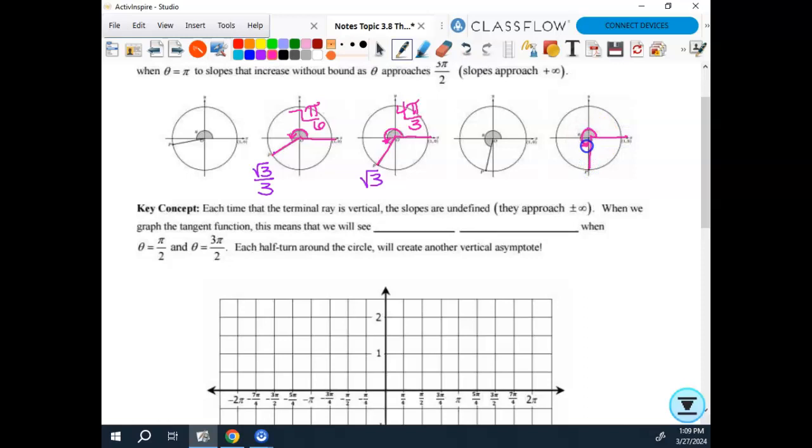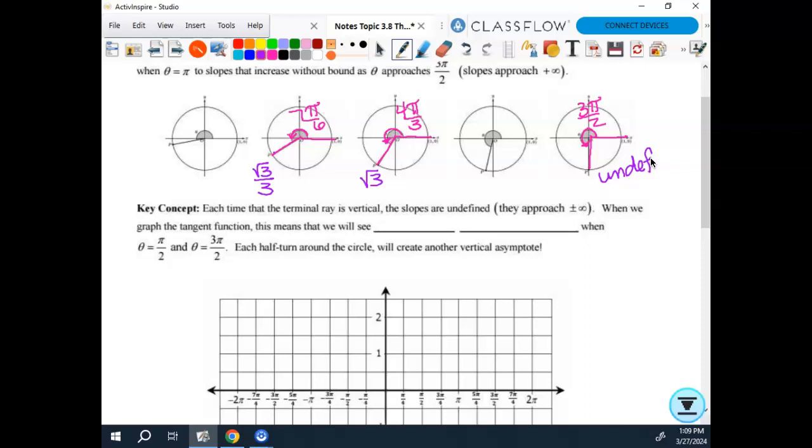What is this angle? 3 pi over 2. Good. And then what is the tangent of 3 pi over 2? Undefined. Right? Because it's a vertical line, slope of a vertical line is undefined. Okay? We okay with all that?